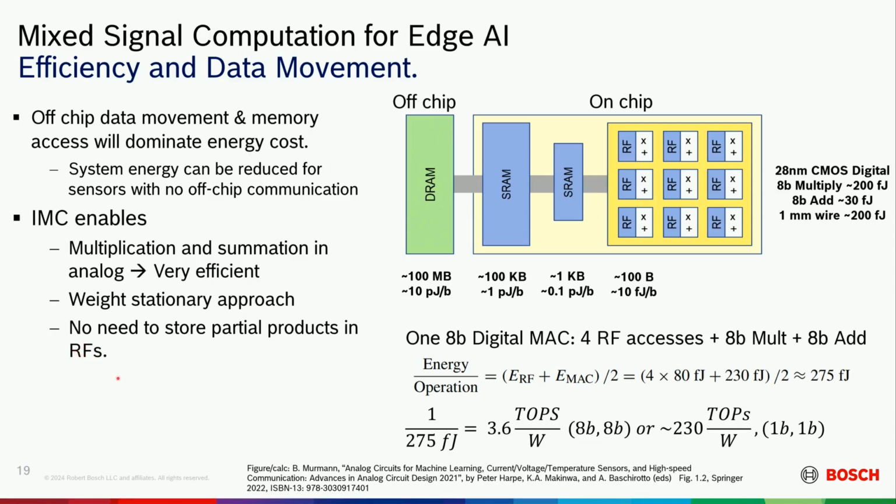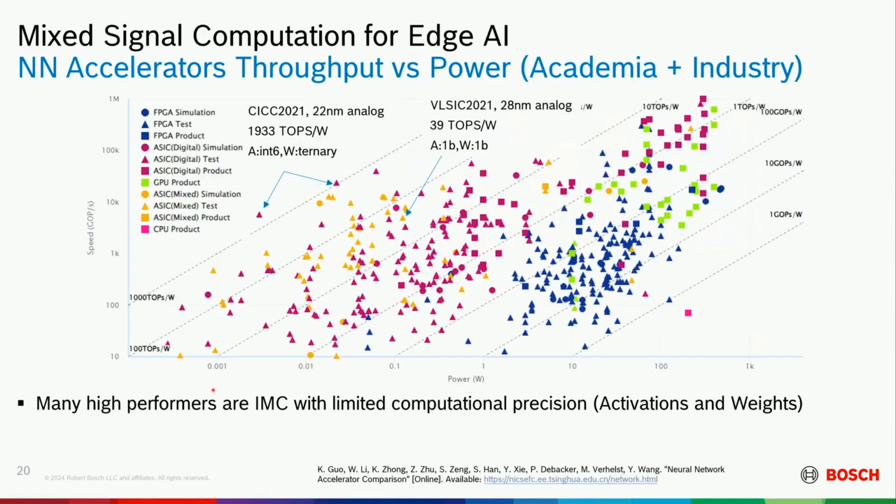And then the other thing is that these partial products don't need to be stored in memory. They can just be all summed up together if you're doing a large MAC operation. And then, of course, you need to do an ADC conversion, but I'll talk about that in a minute. But yeah, that's kind of the advantage of it.